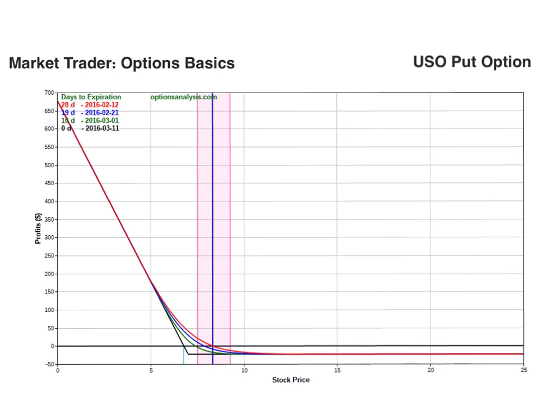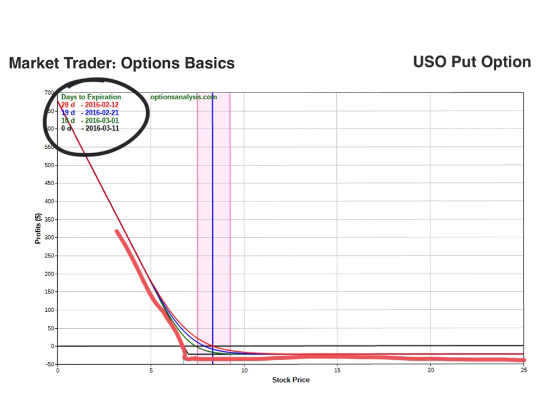So like the call option, put options expire. This particular one is showing 28 days to expiration again, so it's around a month. And again, we are going to be looking at the black line, which is the value of the put option at expiration.